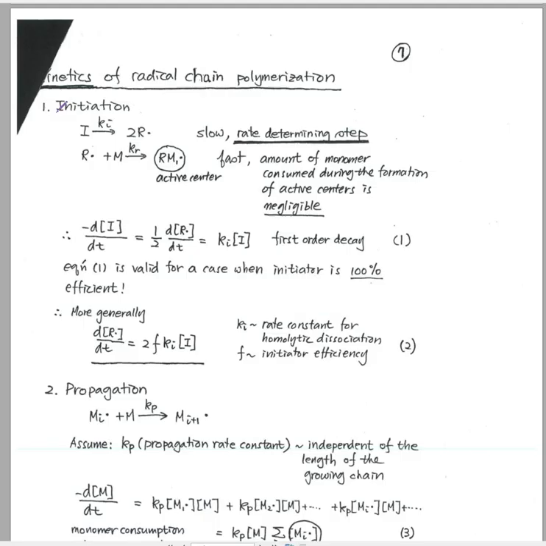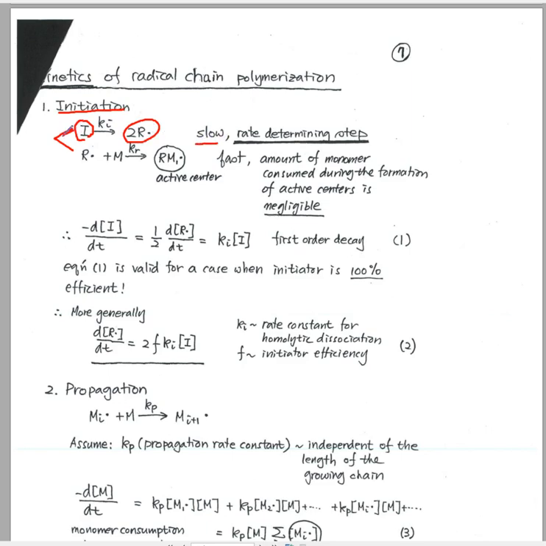Let's first consider the initiation step. We have seen that in the initiation step there are two reactions, right? In the first reaction, the initiator forms two moles of radicals. And this first reaction is relatively slow.